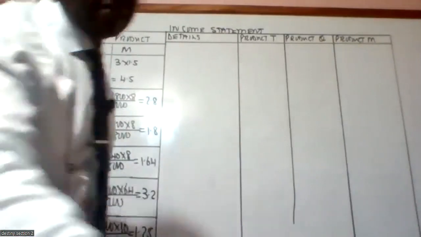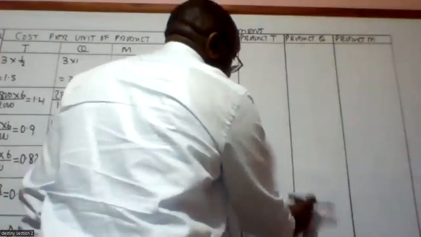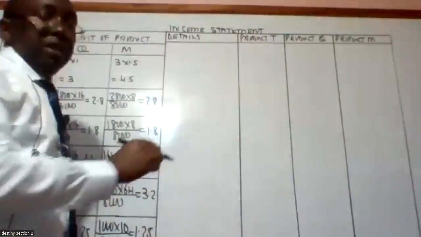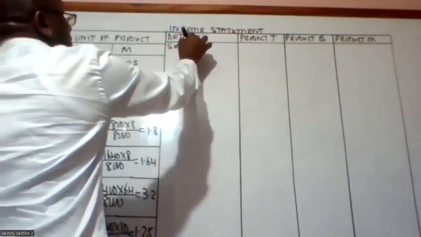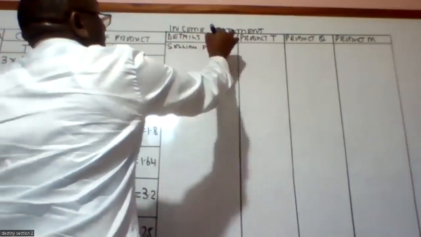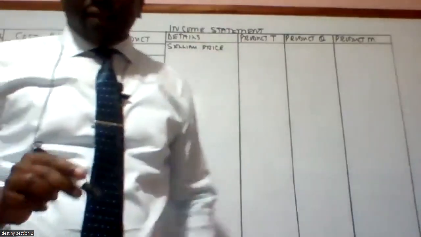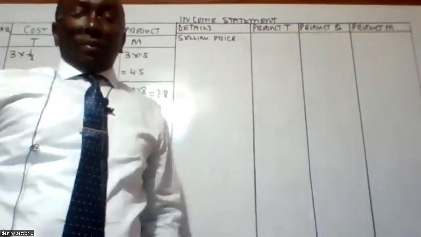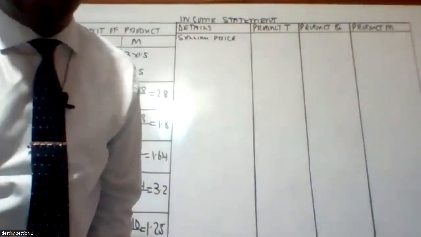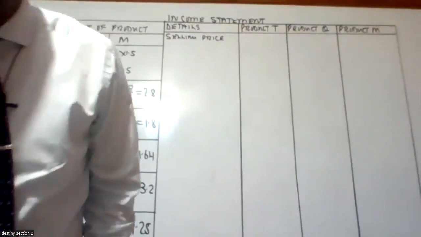So with that, the first thing that you need to bring there is the selling price. The selling price for product T is 50.